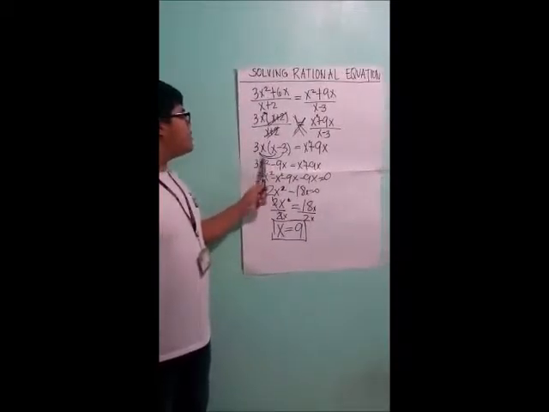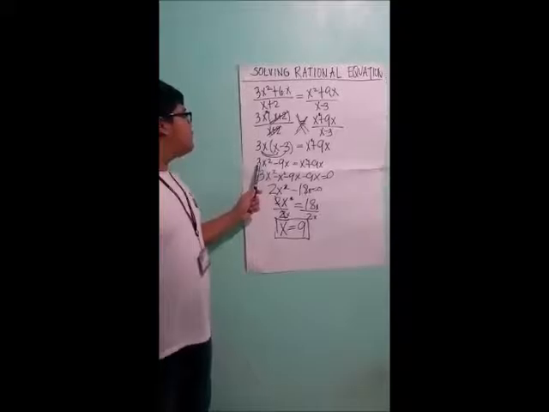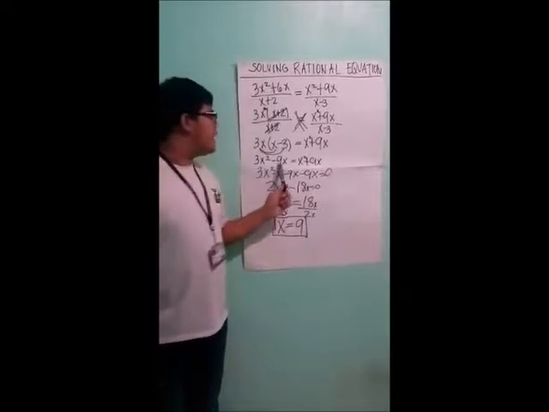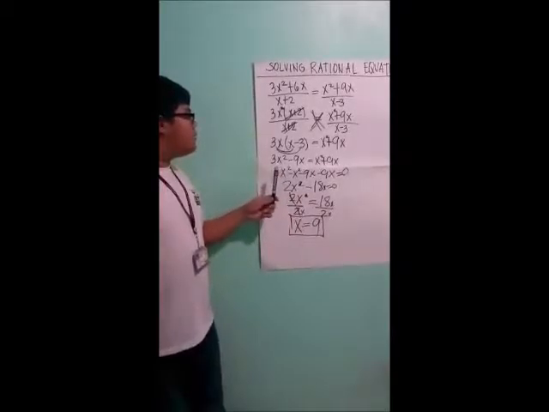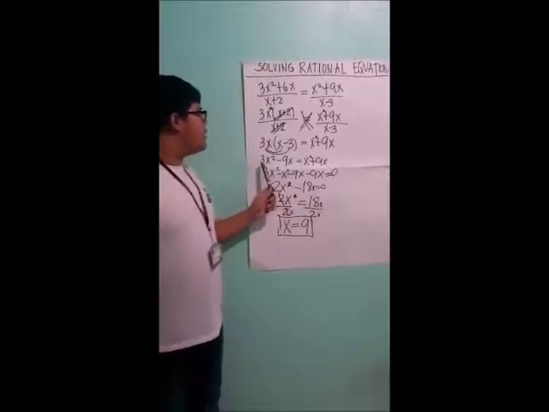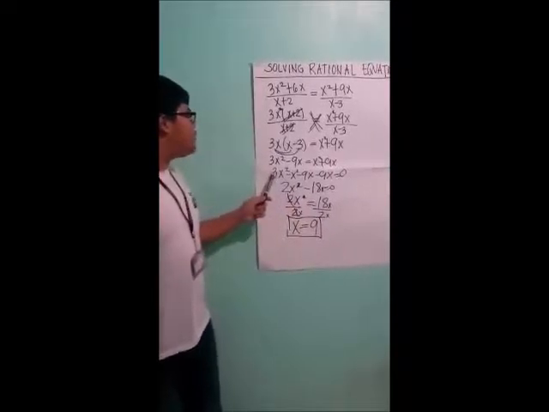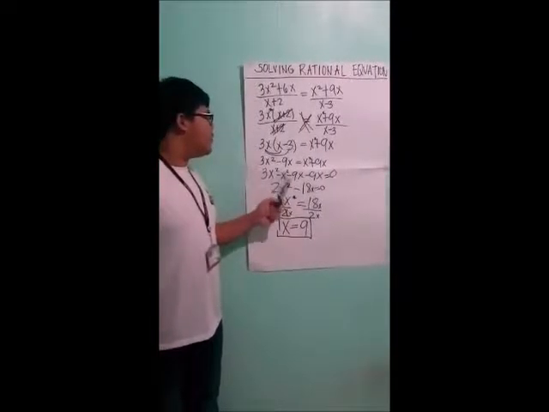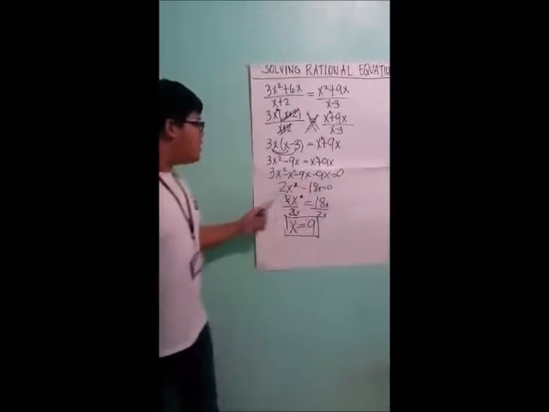After we cross multiply, I will distribute it. So it will become 3x squared minus 9x is equal to x squared plus 9x. So after we distribute, I will combine like terms. So it will become 3x squared minus x squared minus 9x is equal to 0.